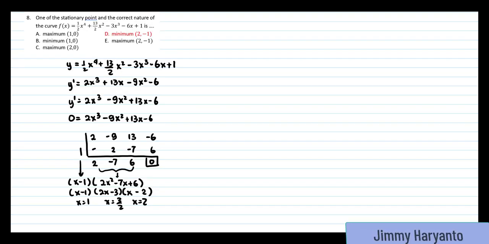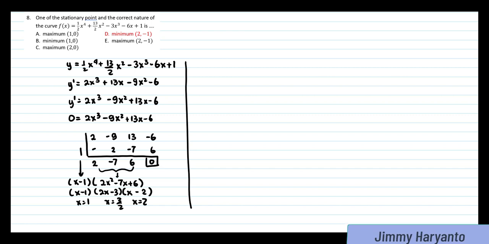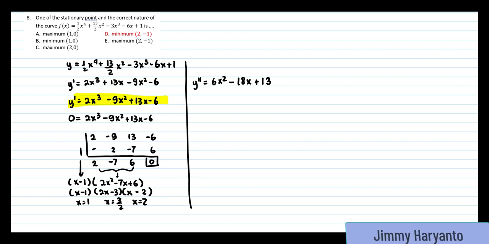Okay guys, after this we only have to find the value of y and also the nature. Let's find the nature first. To find the nature, you will use y double prime, the second derivative. That means you differentiate 2x cubed minus 9x squared plus 13x minus 6. 2x cubed becomes 6x squared, then this one becomes 18x, the 13x becomes 13, and negative 6 becomes 0.